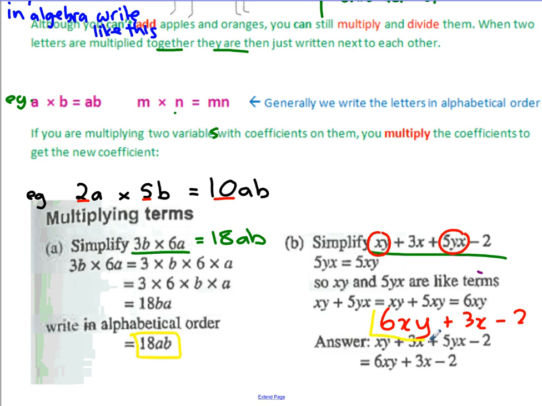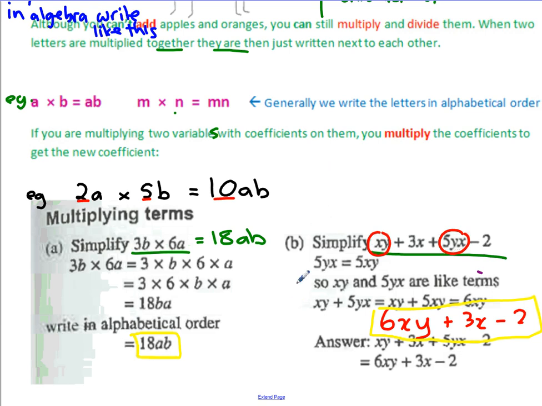So the answer would be 6xy plus 3x minus 2. It wouldn't be wrong if you wrote 3x plus 6xy minus 2 or negative 2 plus 3x plus 6xy. Just make sure you've got the right signs, as in the negative 2 should be negative, the rest are positive. Hopefully that's illuminated a few things for you.